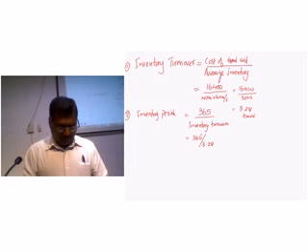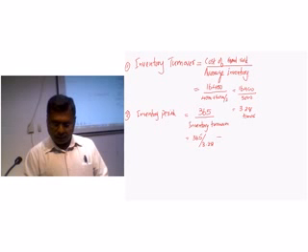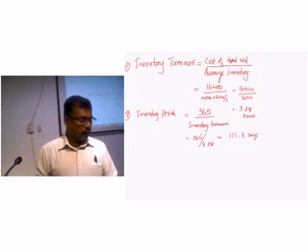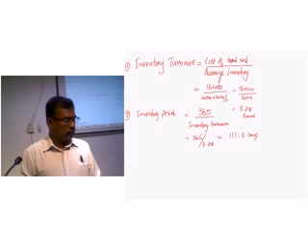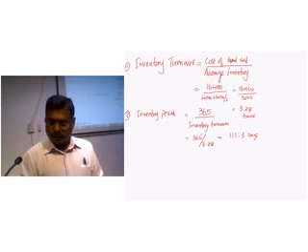So therefore 365 divided by 3.28. 365 divided by 3.28 is equal to roughly 111.3 days.